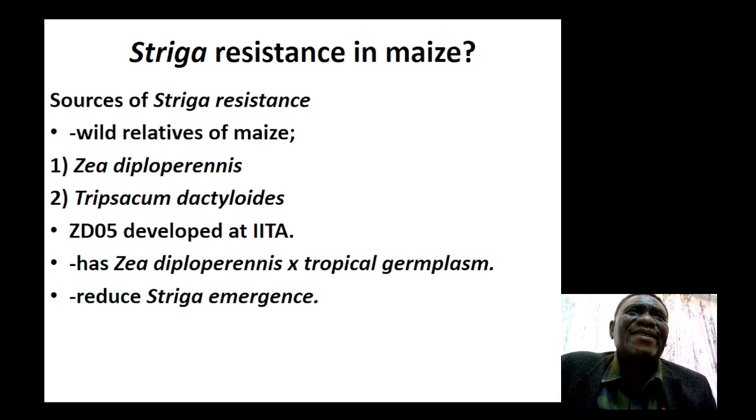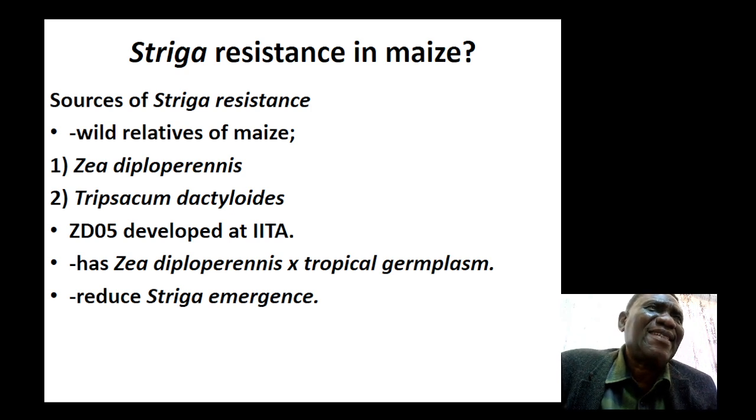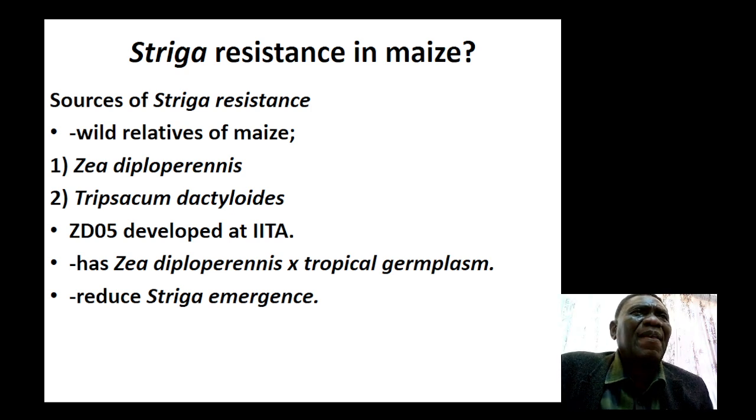Now, at IITA, they were able to develop a line which was resistant to striga species, which they named ZD05. Now, this was a cross between Zea diploperennis and tropical germplasm.